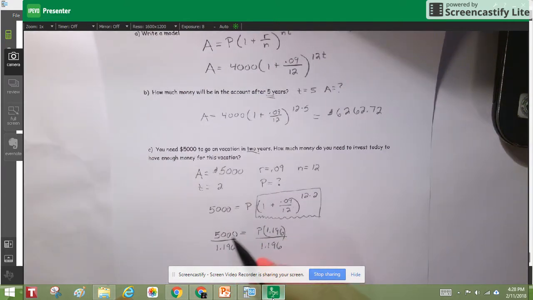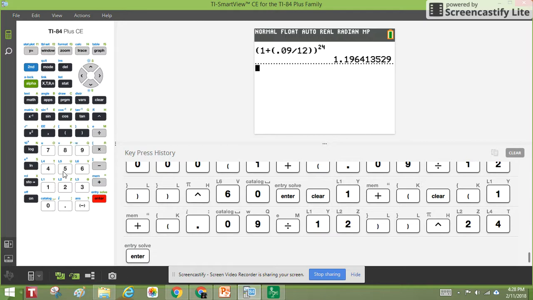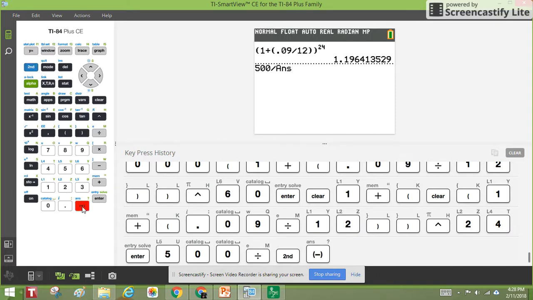I'm going to actually do that in my calculator, so I don't have to round this number because it's already in my calculator. So if I just go 5,000, I can say divided by, if I go to second, then this minus sign, it'll give me the answer. So I'll have all those decimal places.